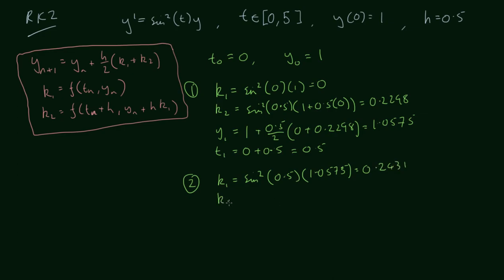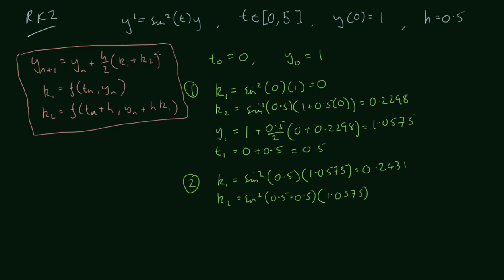For k2, same as before, we have sine squared, and this time it is t_n plus h, so we'll have 0.5 plus our h of 0.5, and that's multiplied by y1, which is 0.0575. Just to remind you, this comes from this function here.